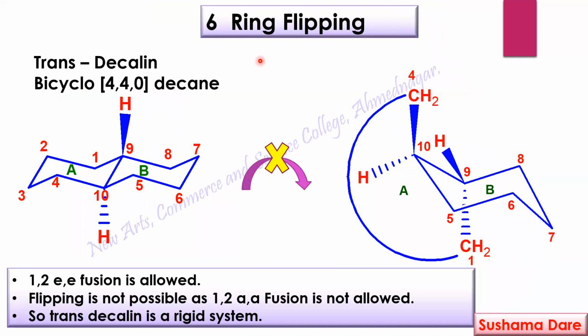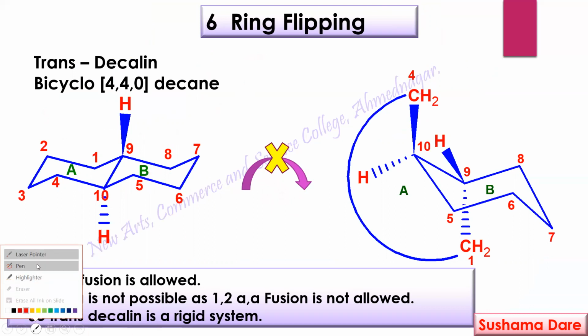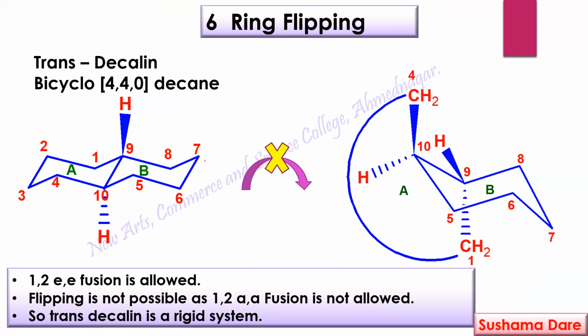Now the ring flipping. Trans-decalin does not undergo ring flipping. The reason behind it: now you can see ring B flips. After flipping of ring B, you can see that number 7 carbon is going in a downward direction, while number 10 carbon is going in an upper direction.